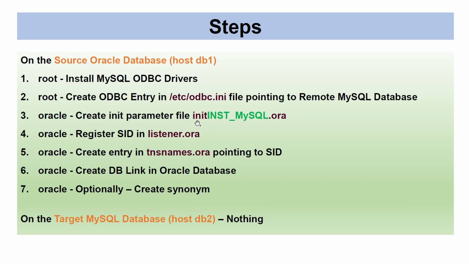This is the name of the init parameter file, and inst_mysql will become your Oracle SID. Register this SID in listener.aura. Create an entry in tnsnames.aura pointing to the SID. At this moment, your setup is done. Log into the Oracle database and create a DB link in the Oracle database. Optionally, create a synonym.